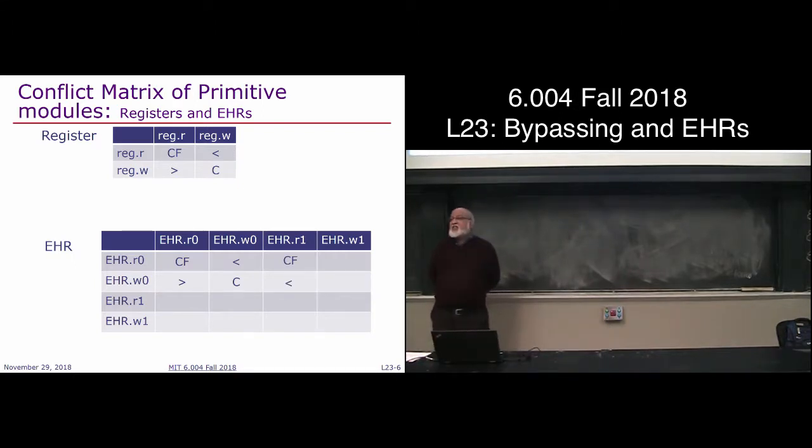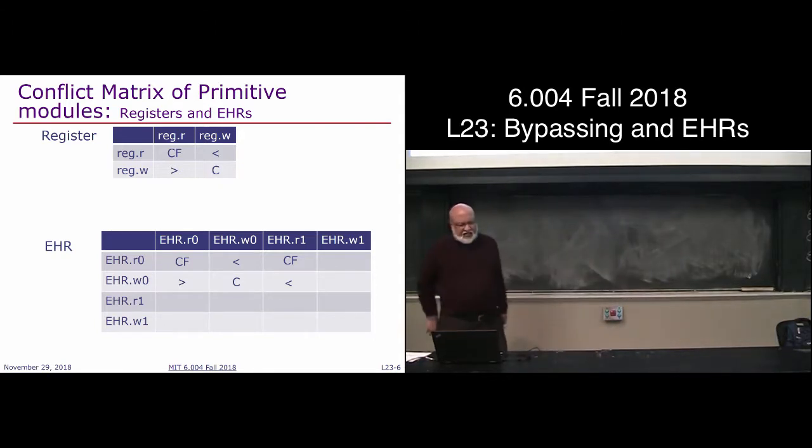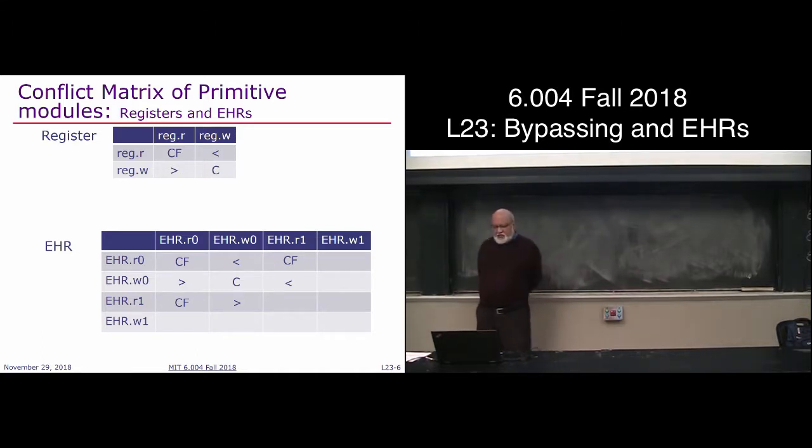It'll look as if the write happened and then the read R1 happened, because by design that's the bypass. You're seeing it come after that. And the reads, of course, remain conflict free. These things always have a duality. So if you fill these, then you can fill out the diagonally opposite entries in a similar way.